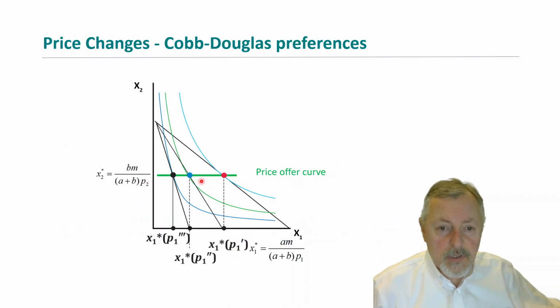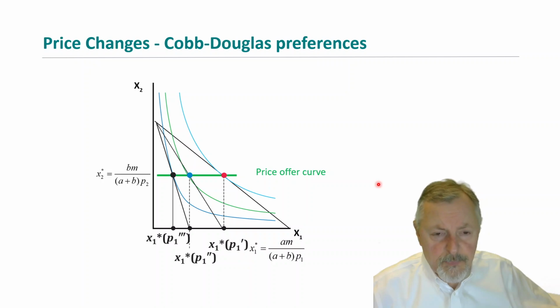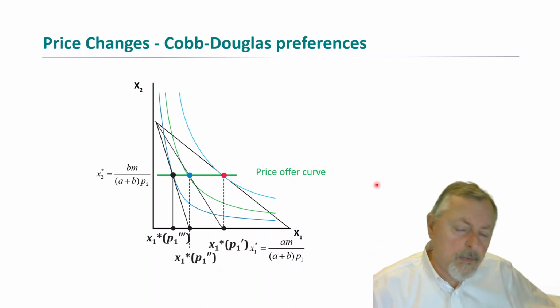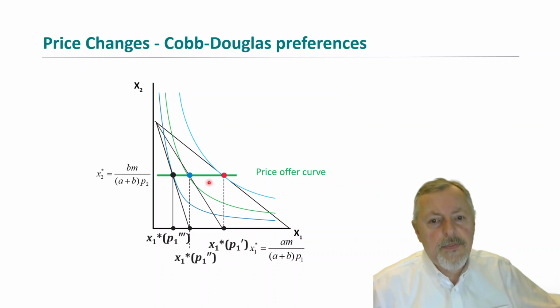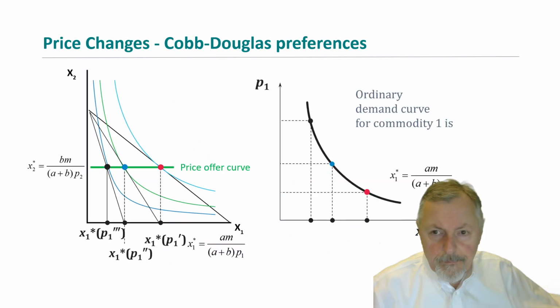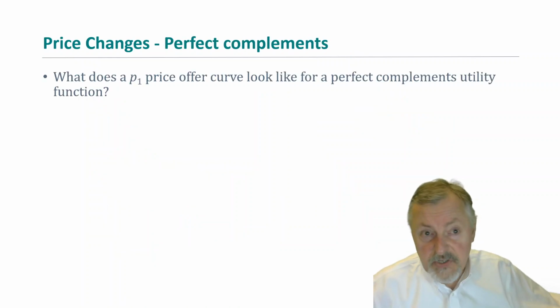And this is what it would look like for those preferences. Notice that for a Cobb-Douglas utility function, the price offer curve is linear. And this is what the demand curve would look like for commodity 1, and it would look the same for commodity 2.